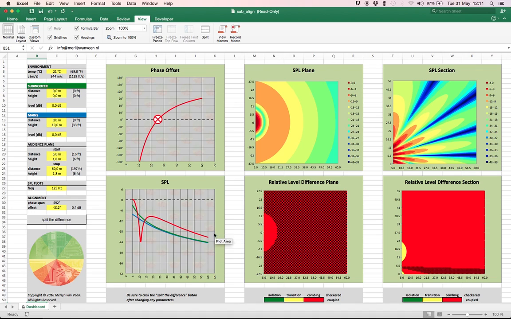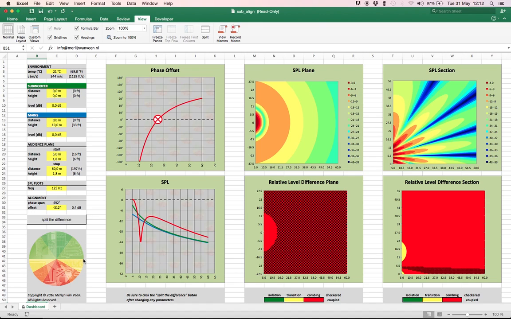But because of the 90-degree offset we now have in the back over the previous 0-degree offset we had in the other example, we only see 3 dB summation, because in the back of the audience we are no longer at the top of the phase wheel as shown in the bottom left corner, but we are now at 90 degrees and we have lost 3 dB of summation. We still have 3 dB of summation, but we lost 3 dB over what we could have obtained with no phase offset.